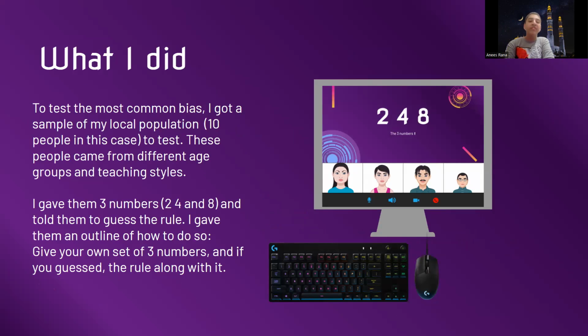These people came from different age groups and different teaching styles. I gave them 3 numbers, 2, 4, and 8, and told them to guess the rule. I gave them an outline on how to do so as well. Give your own 3 sets of numbers, and if you find out the rule along with it.